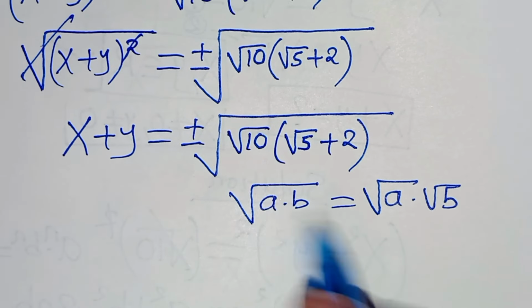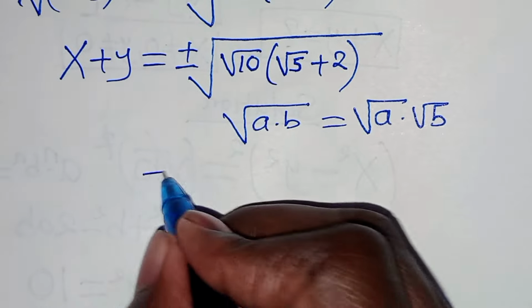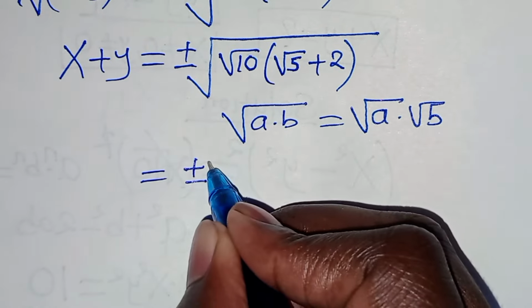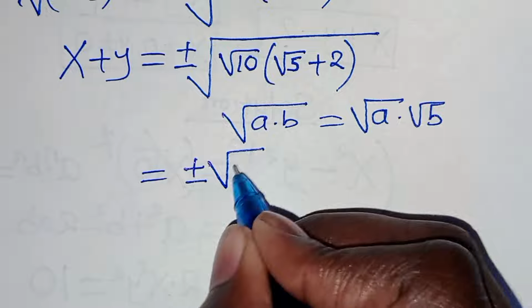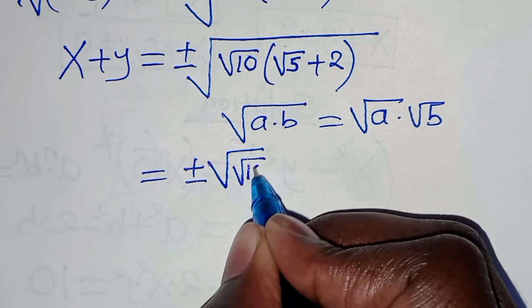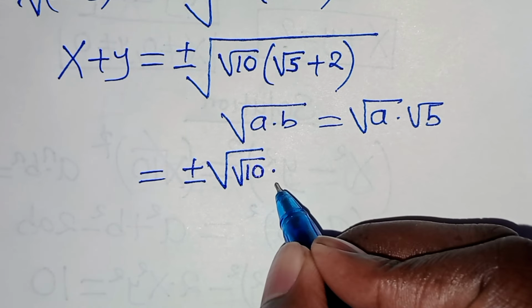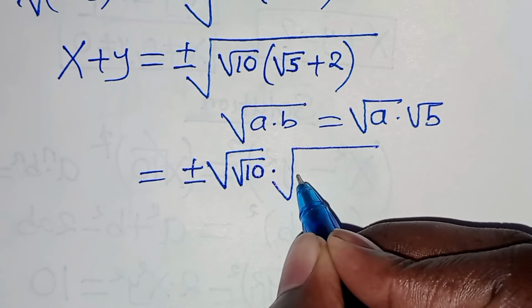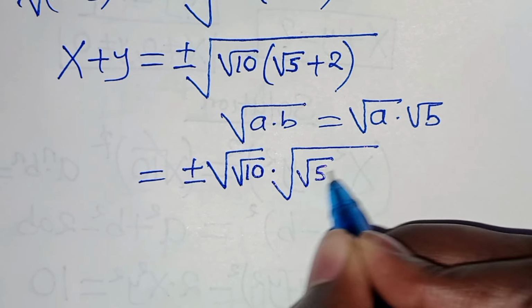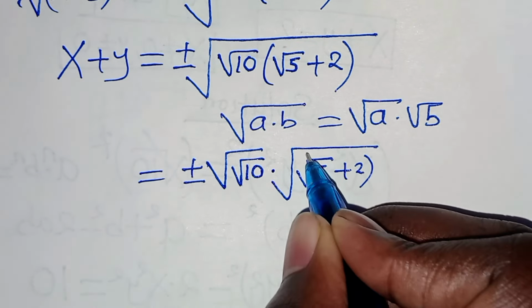Now, this is the same thing as, here we have plus or minus the square root of 10 multiplied by the square root of root 5 plus 2 from here.